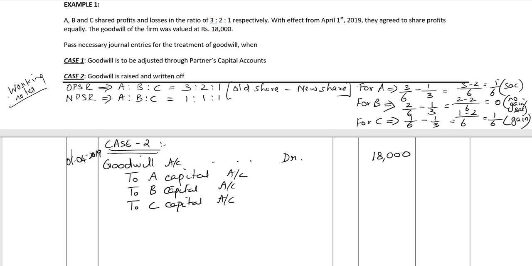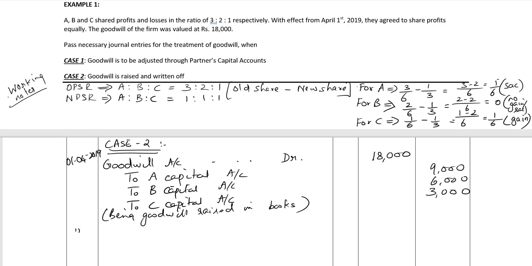So 18,000 divided in 3:2:1, the old profit sharing ratio. So it's 9,000, 6,000 and 3,000, being goodwill raised in books.